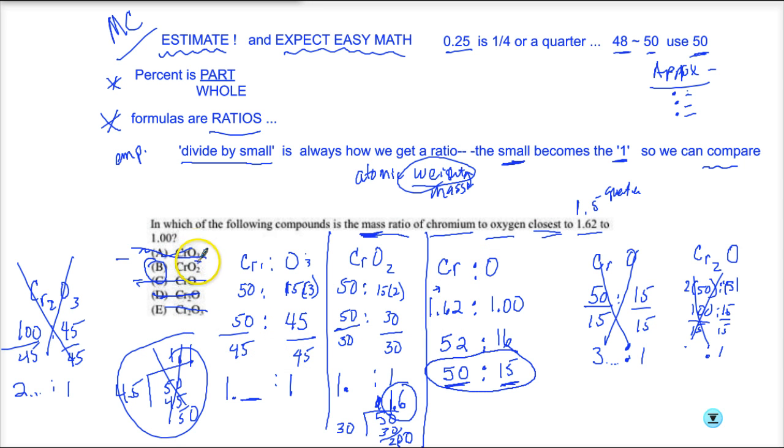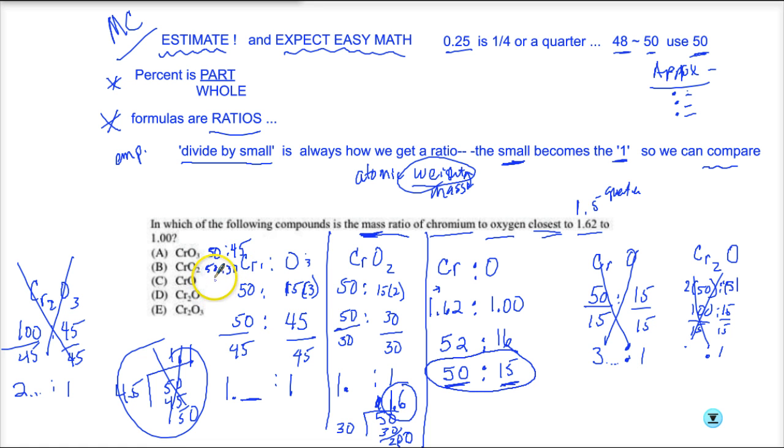If you're just thinking about it in those terms, you could just think: this is going to be 50 to 45, 50 to 30.